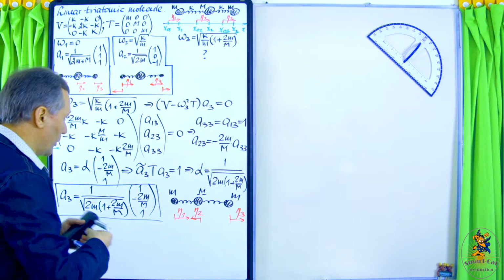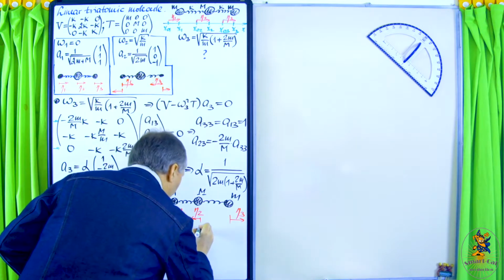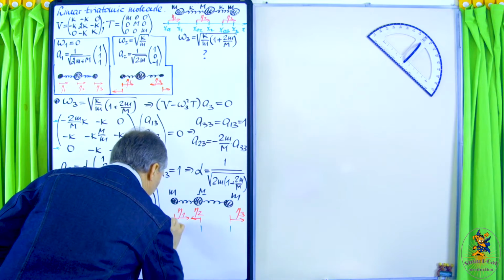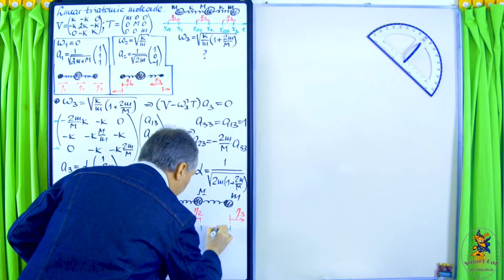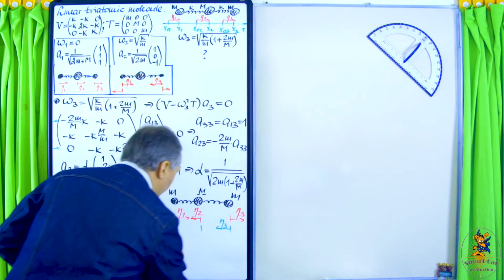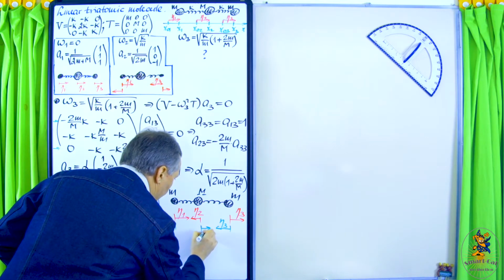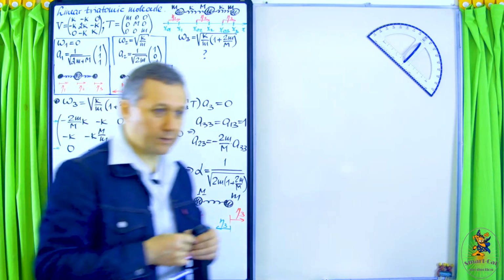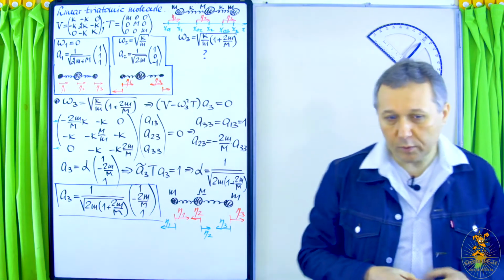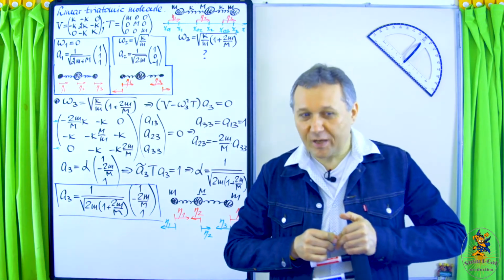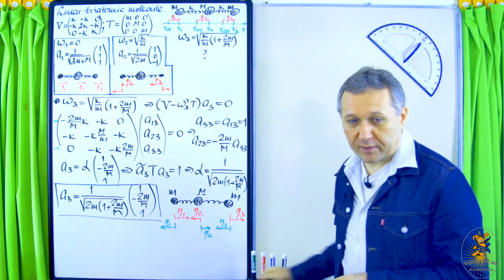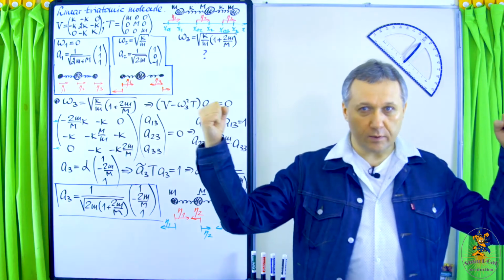Or in the opposite case, if we have eta 1 this way and eta 3 this way, then eta 2 will be in the opposite direction, right? Again, with the goal to keep the center of mass stationary, so the center of mass doesn't get displaced. So it's like this, right?